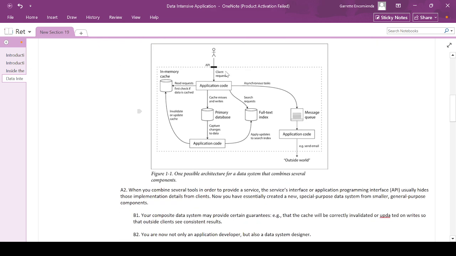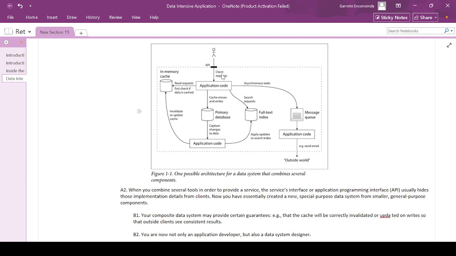So you can see we have a client interacting with an API with an in-memory cache, and it will read requests. First, check if the data is cached. If not, it will invalidate the cache or update the cache, and then the application code also must handle that, and then apply updates to the search index.